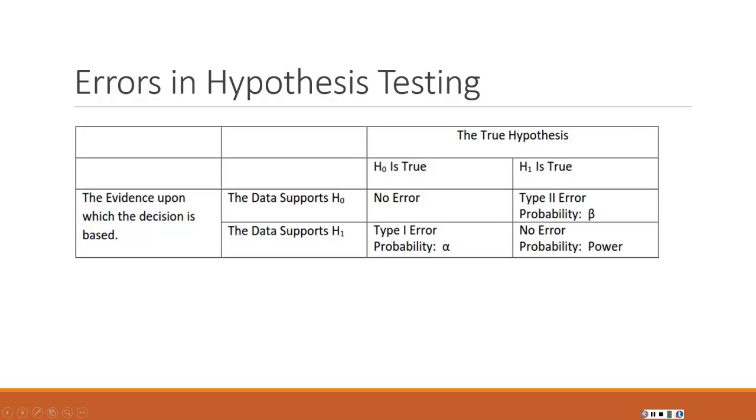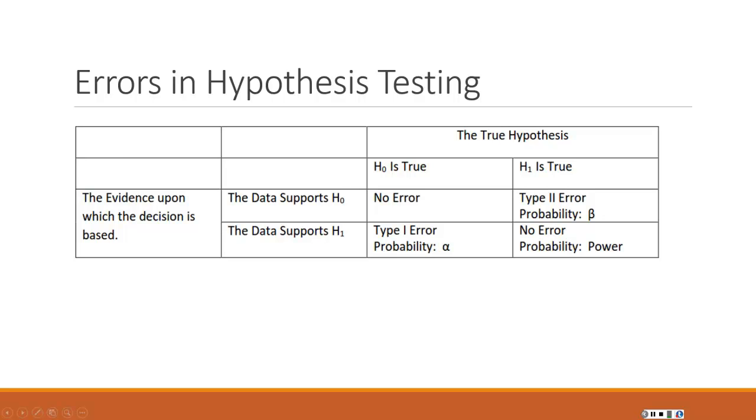When we compute probabilities here, the power and the beta, we do that based on the distribution as if a specific HA is true. Now in reality, we'll have just H0. HA will actually be a range of things, and this beta actually turns out to be a curve because we would compute it for every possible H1 if we didn't really know what it was.